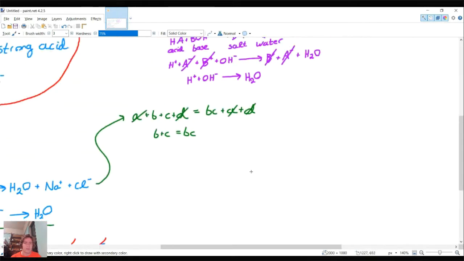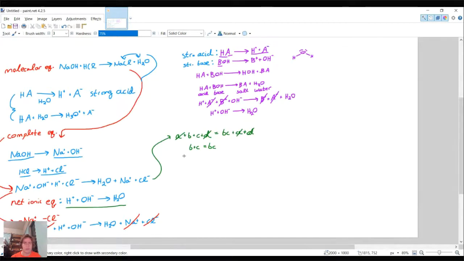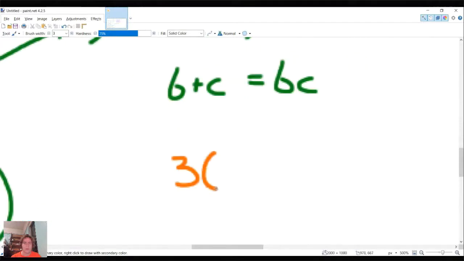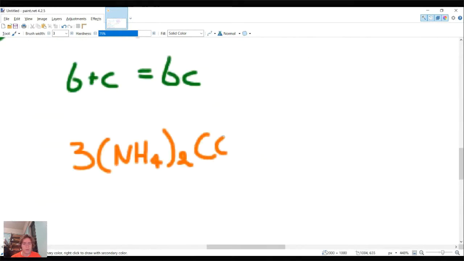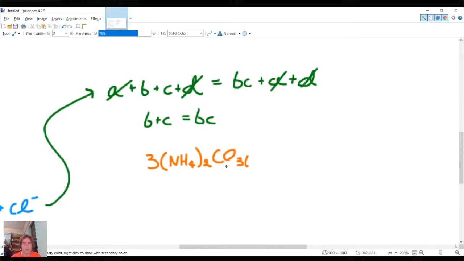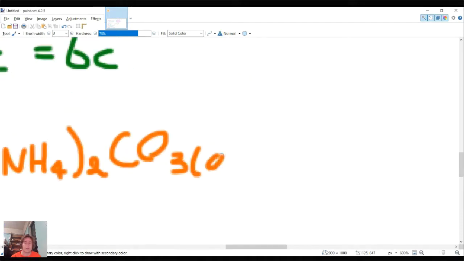We have, what color should I do this? I'll do it in orange. We have 3 of this complicated molecule, NH4 2CO3. And when we're looking at these complicated things, we have to define their states of matter. So this is aqueous.